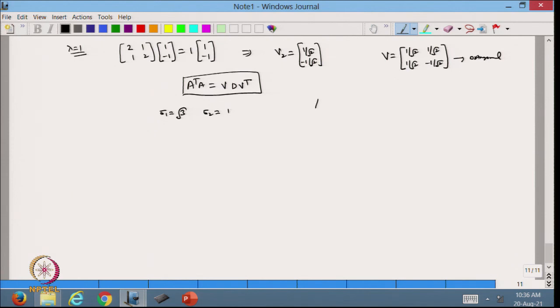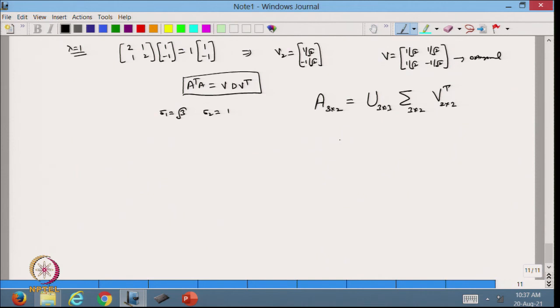And if you see that my A is 3 cross 2, so my U should be 3 cross 3, sigma should be 3 cross 2, and V transpose is 2 cross 2. So, this one we want. So, we got this value.